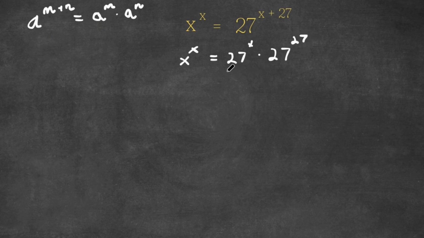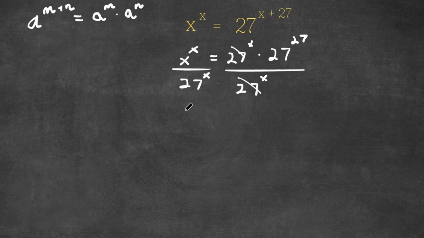Now I'm going to go ahead and divide both sides by 27 to the power of x. So now these two cancel out and we are left with x to the power of x divided by 27 to the power of x is equal to 27 to the power of 27.